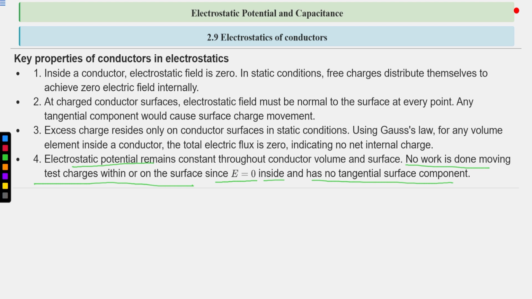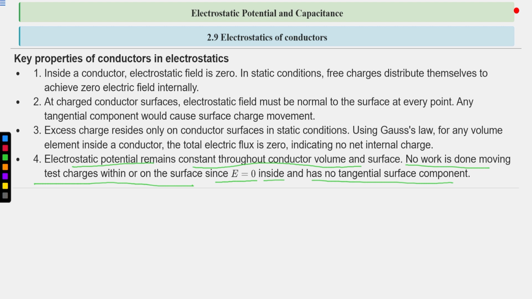So in static conditions, moving a charge from one point to another inside or on the surface of the conductor requires no work. Hence there is no potential difference, which results in constant potential inside and on the surface of the conductor. So electrostatic potential remains constant throughout the conductor volume and surface.